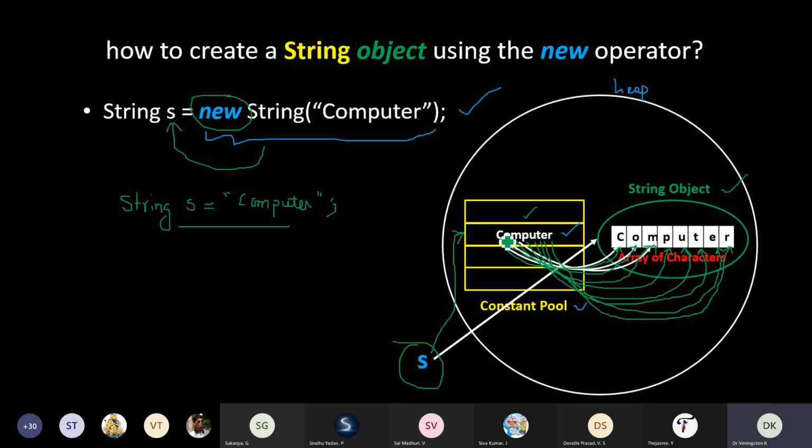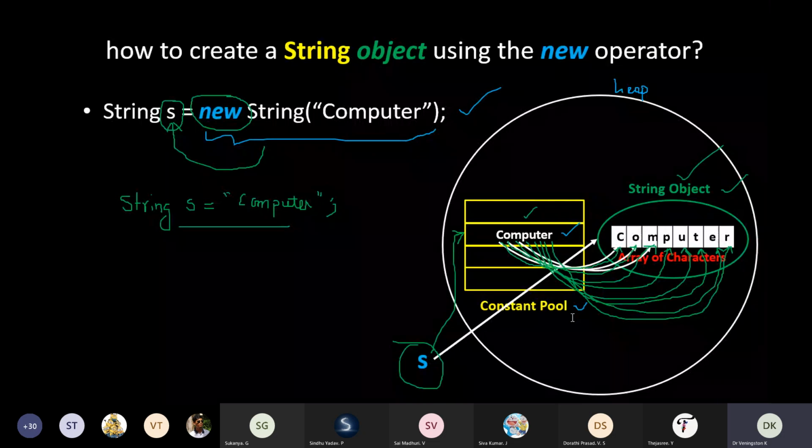One by one the characters from this constant pool will be taken and put into this character array. Now the reference to this object will be placed in s. So s is made to point to this string object. That is how we can create a string object using the new operator.